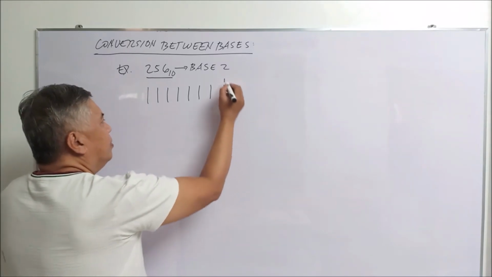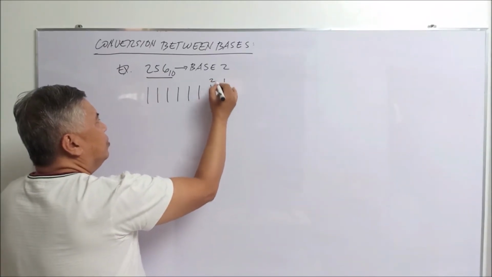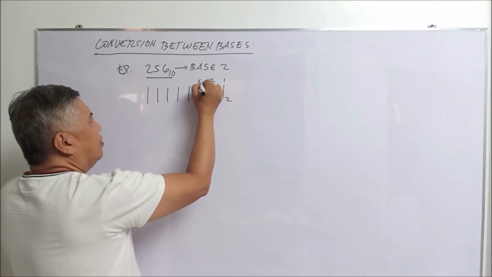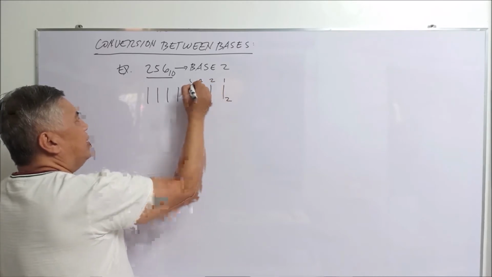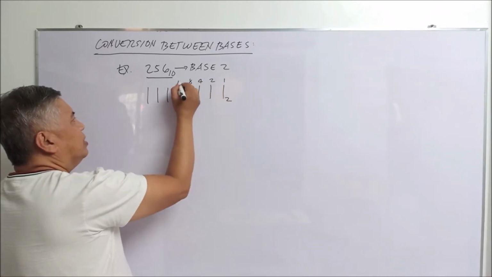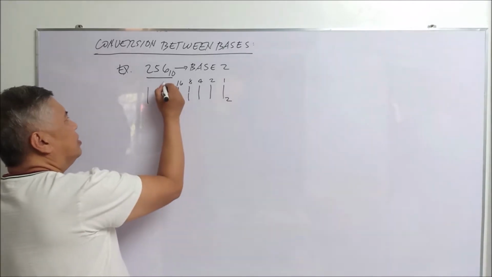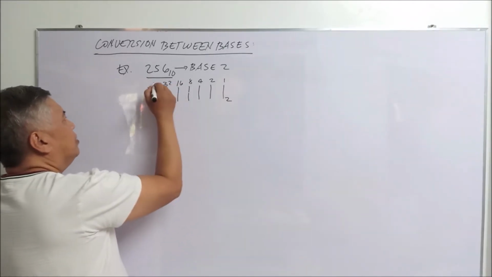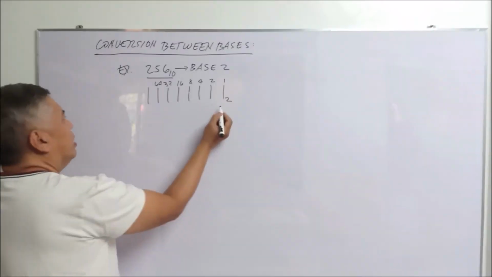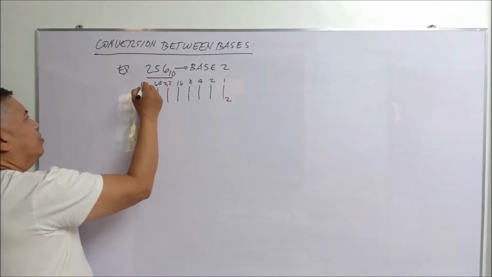Multiply it by 2, you have 2. 2 times 2, you have 4. 4 times 2, you have 8. 8 times 2, you have 16. 16 times 2 is 32. 32 times 2 is 64. 64 times 2 is 128.